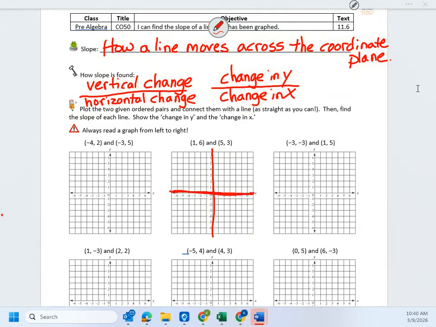Right? So different words mean the same thing. The vertical change means the same as the change in the y. The horizontal change means the same as the change in x. Now, an even shorter way to say it is that vertical, that y, we can call the rise.